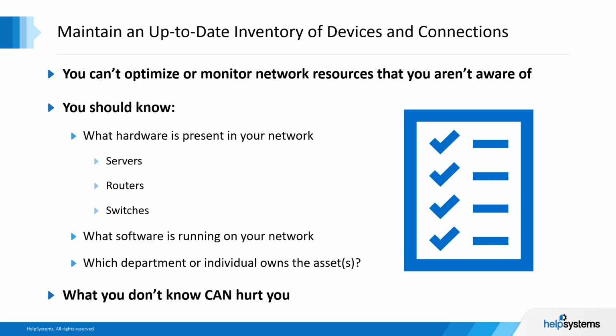This is just from an inventory standpoint. This is just something smart and intelligent that you can do. So it's very important that you maintain that inventory of your devices and connections, so you know exactly where things are. And then this gives you a better understanding of what you can do when things might not be working the way they're supposed to.